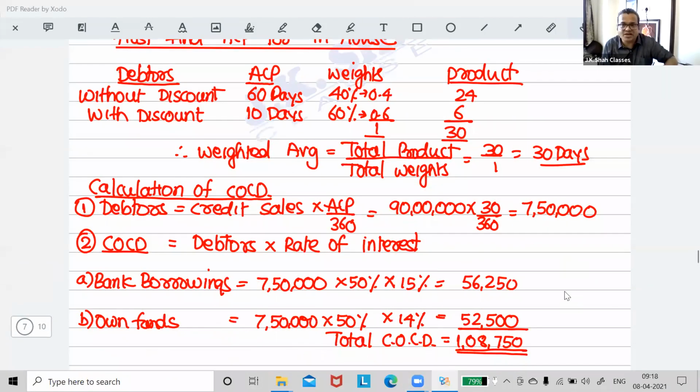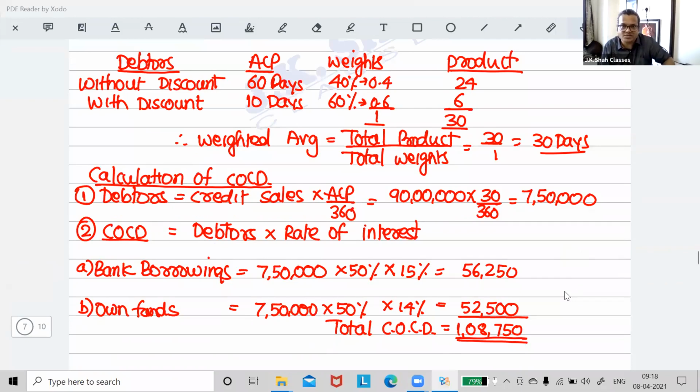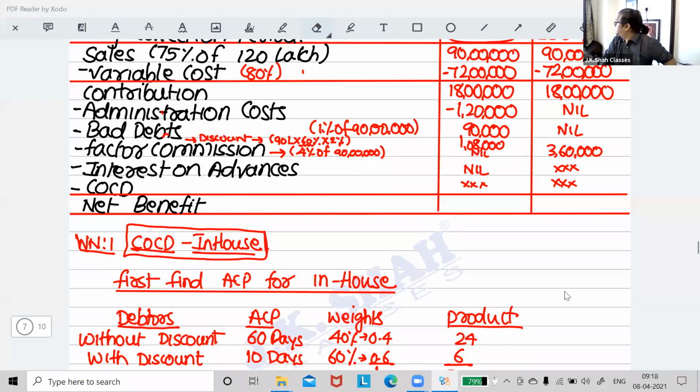Whatever calculation we have done till now, is everyone clear with that? Okay, let's go ahead. So now let's finalize this: 1,08,750. Whatever markings I've done, I'll remove.